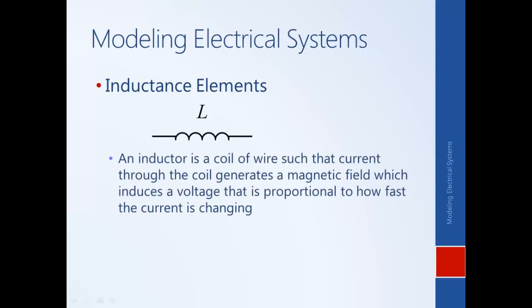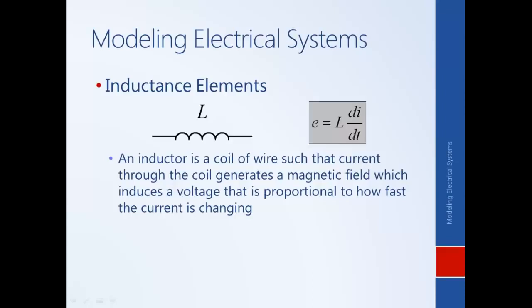And so the way that an inductor works is that as the current flows through this coil, it induces a magnetic field. And changes in the current create a corresponding change in the magnetic field, which generates a voltage or an electromotive force that opposes this change in current.